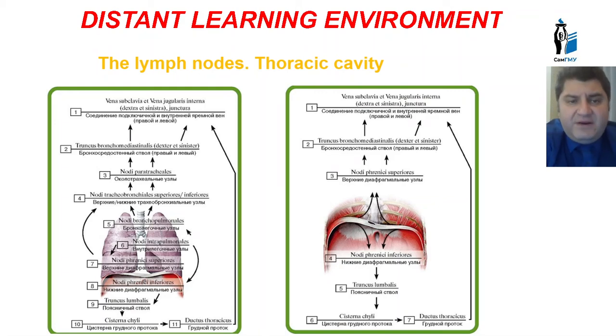Next it passes to paratracheal nodes, and next to the bronchomediastinal trunk and to the venous system. And from the diaphragm, you may see in the right picture that the lymph passes to superior phrenic nodes, to the bronchomediastinal trunk, and next to the venous system. But from the inferior sides it passes to inferior phrenic nodes, to the lumbar trunks, right and left, and next to the ductus thoracicus.